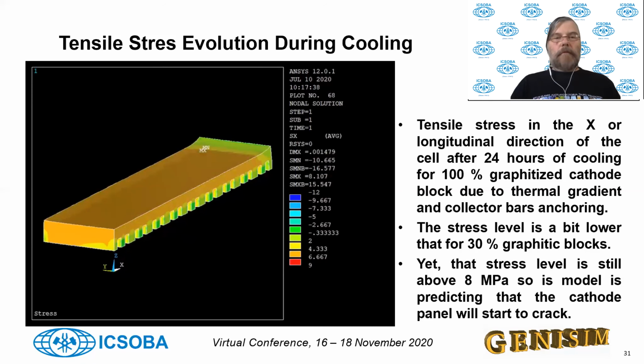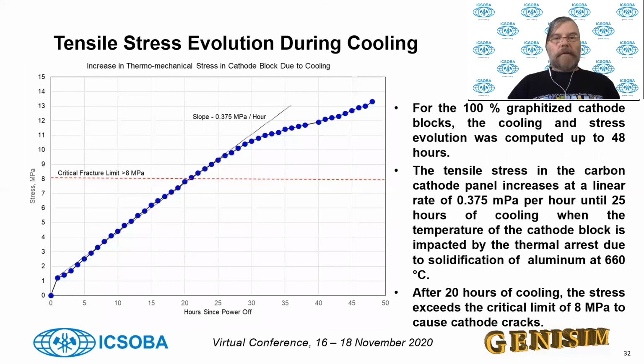So the model is predicting that the 100% graphitized cathode block will be not spared, but the cracking is a bit delayed. And this is a graphic showing the full evolution of that maximum stress for up to 48 hours. So we can see that we are crossing the 8 megapascal limit at about 20 hours.